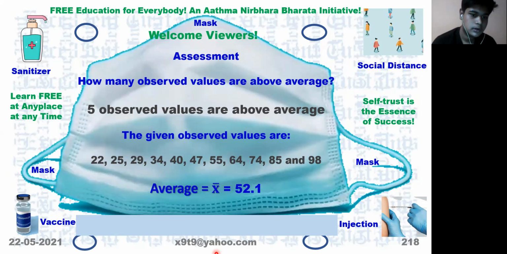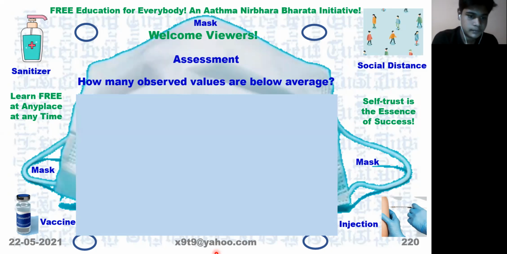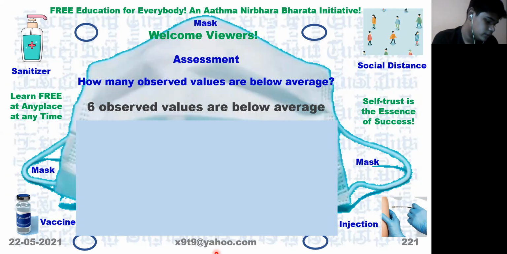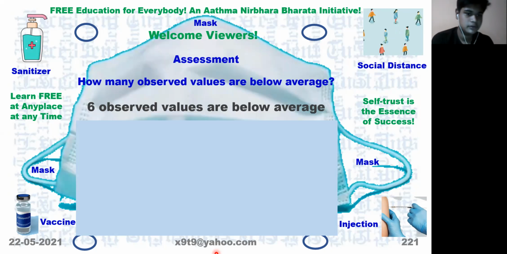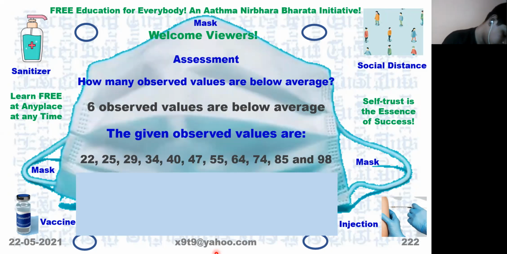You have not written all of them. Yes, sir, 6. I didn't count it properly. 6. That is what is important here now. Calculation step is very, very important. 6 values are below average and 5 values are above. 6 observed values are below the average value.